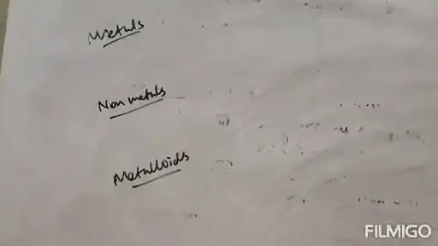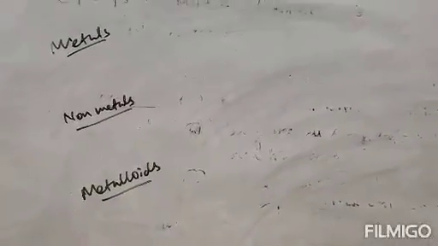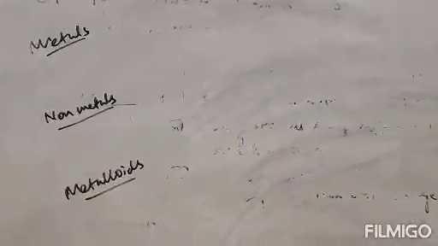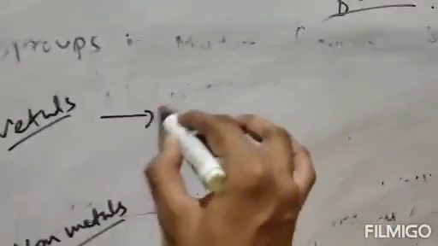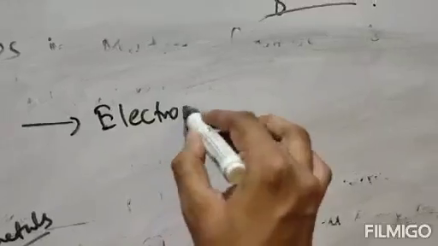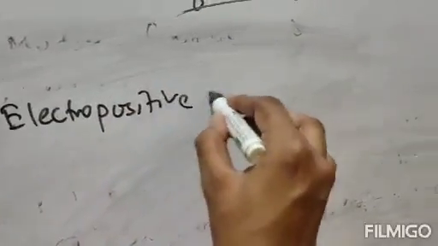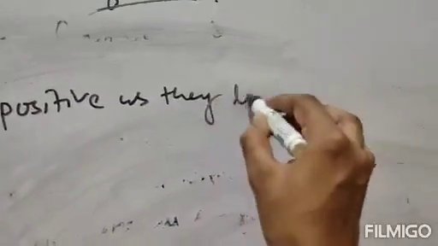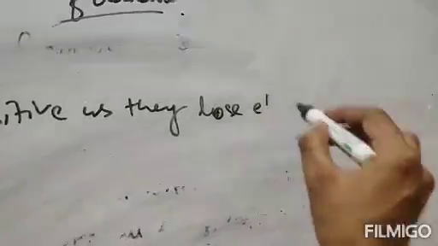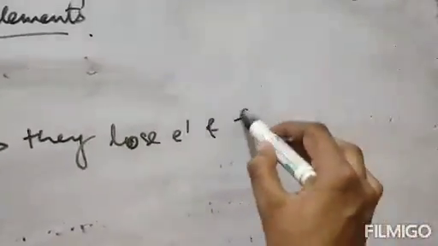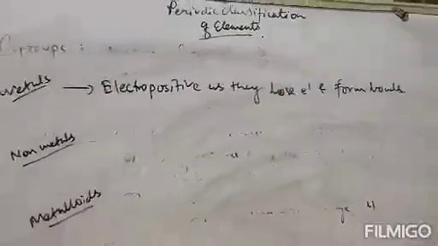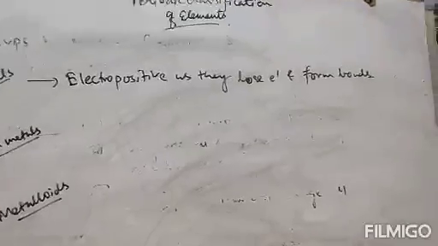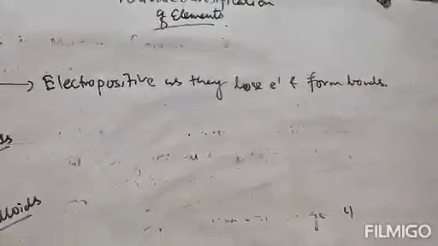Now what are metals? Metals are electropositive as they lose electrons and form bonds.